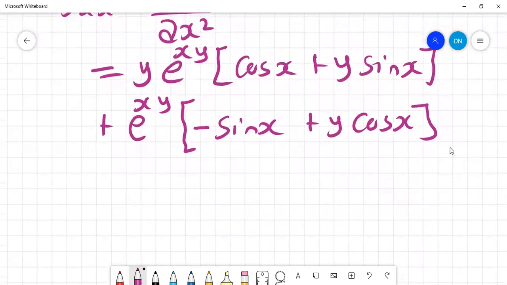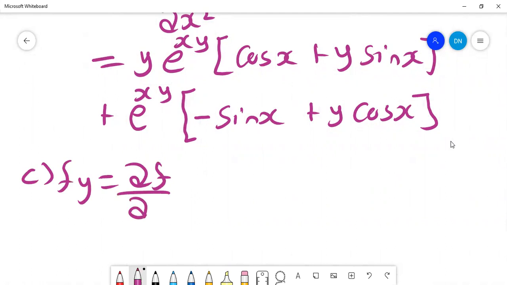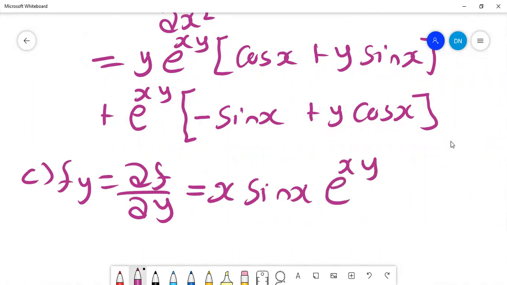Now, what about part C, f of y, which is the partial derivative df over dy? Now you see that I'm only going to differentiate the exponential, so it will be x sine x e raised to the power xy, because I've only differentiated this part. And when I differentiate the power of the exponential with respect to y, I get x, which I put down here.